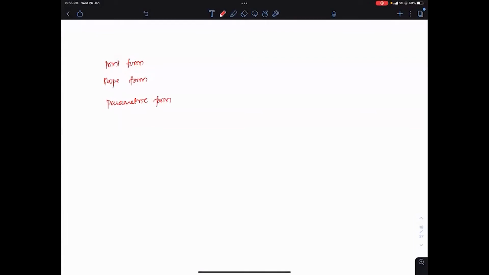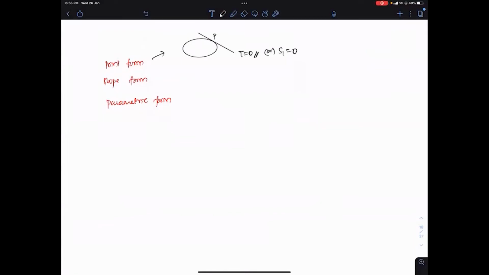So in the same way in ellipse also we have these three forms. So where do we use the point form? Pretty straightforward. When a point on the ellipse is given, let's say they have given some point on the ellipse, and you need the equation of the tangent at that point, then simply the point form will help you, that is T equal to 0 or S1 equal to 0, like that. Okay.